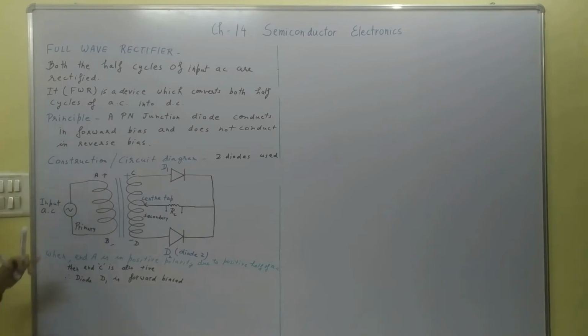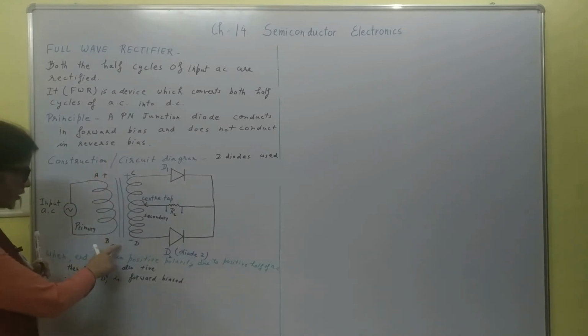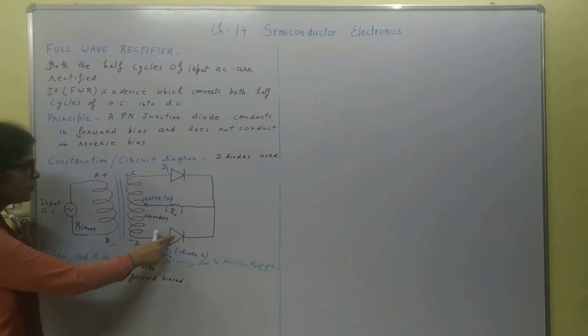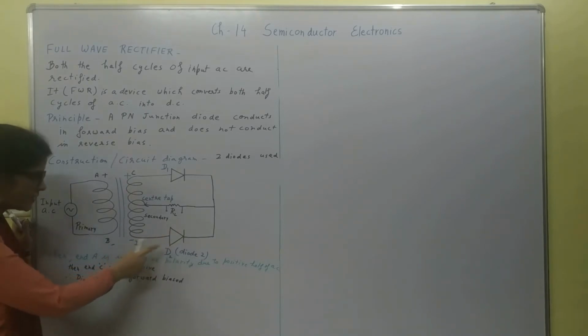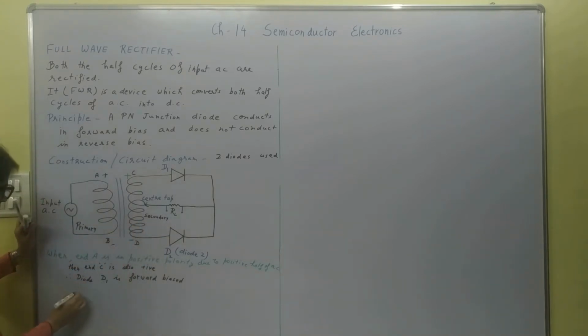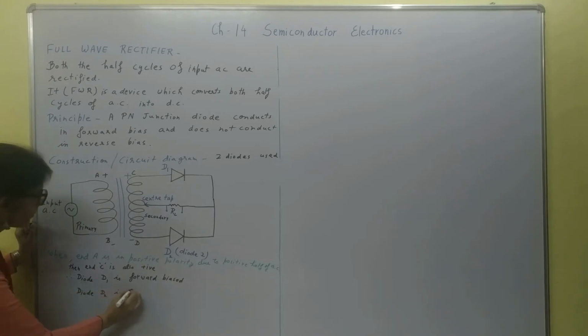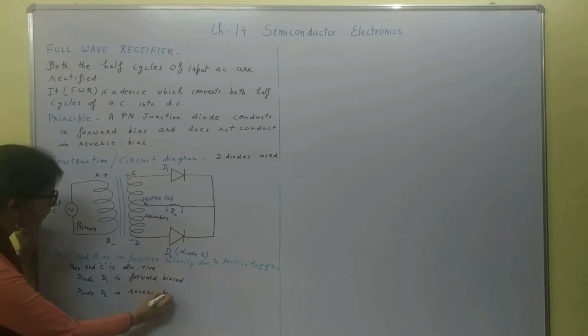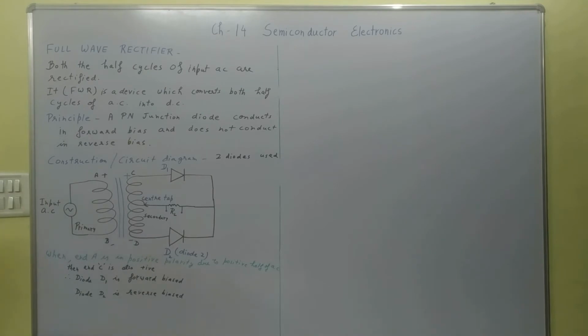Now at the same time, when this is in the positive half, this will have negative polarity. So diode D2 is reverse biased because this is negative and this is the P of the diode. Why is it reverse biased?